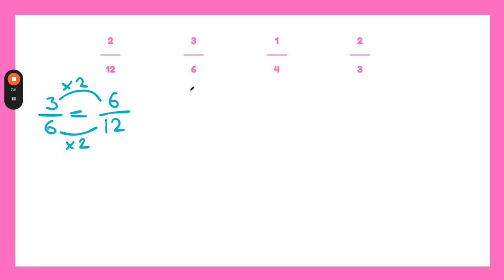Then our next fraction is 1 over 4, which is equal to some fraction over 12. So we do 4 times 3, because 4 times 3 is 12, which means we must do the same to our numerator. So 1 times 3 is 3.